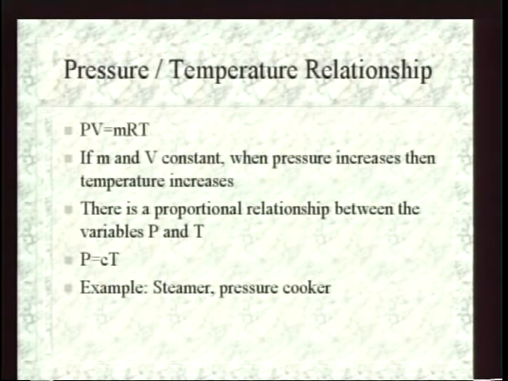And then you turn up the heat in that pressure cooker. When the temperature increases, then the pressure is going to increase in there also. When the temperature increases, the molecules are going to be moving around more rapidly, and thus that is going to put more pressure inside of that cooker or steamer.